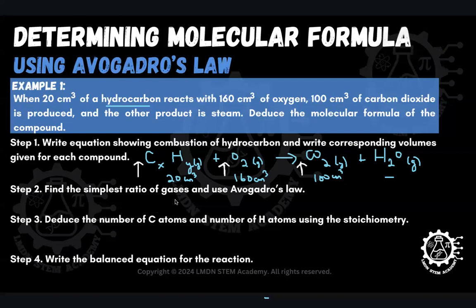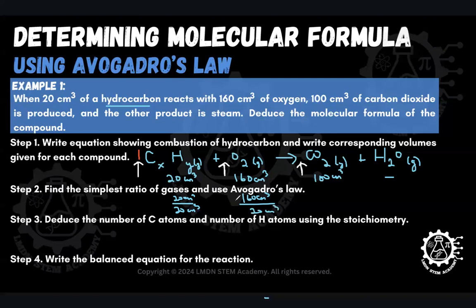if I divide the 20 cm³ by itself, of course, you know that that's just 1. So that will let me know that there's 1 mole that I can put here for my stoichiometric coefficient. I can put a 1 here. And then for the oxygen, there was 160 cm³ of it. So if I want to find that factor that connects it with the 20, I'd have to divide it by the 20.